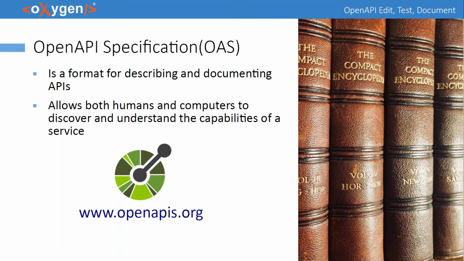So what is OpenAPI? OpenAPI is a specification. It's a format that allows you to describe and document your API. If you have an API and you want it to be available and to allow humans and computers to discover it, you can define this OpenAPI, and then humans and computers can understand the capabilities of the service and what they can do with your service.